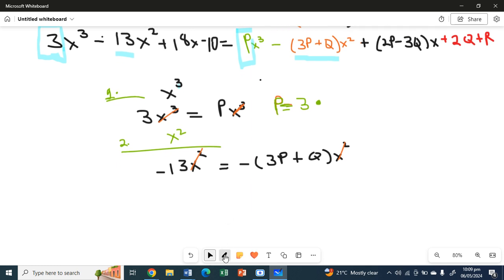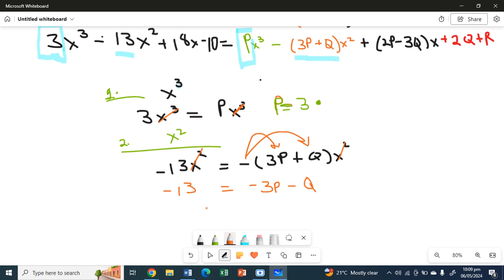Then, first thing we need to do is distribute the negative sign. So negative 1 times 3p, we get negative 3p. And negative 1 times q, you get negative q. Negative 13 here. Now, if you remember, p equals 3. So since p equals 3, you just substitute p for 3.